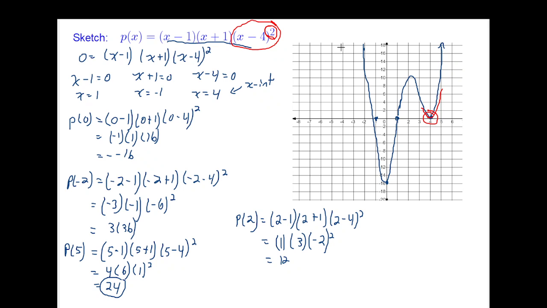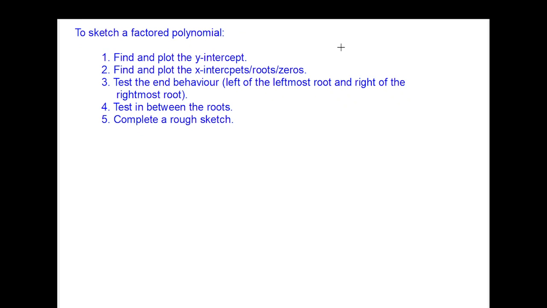All right. So that, in a nutshell, is how to graph polynomial functions if they are in factored form. If a function is not in factored form, you could factor it, and then once it's factored, you could proceed here. So here are the steps that we just followed. In order to sketch a factored polynomial, we found the x-intercepts or the roots or the zeros first.